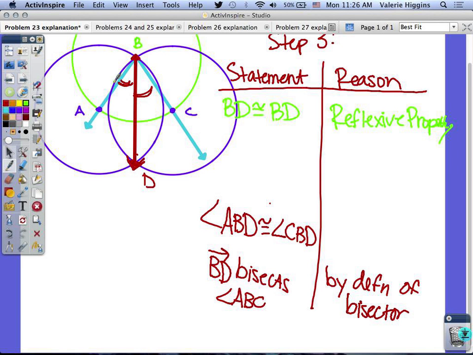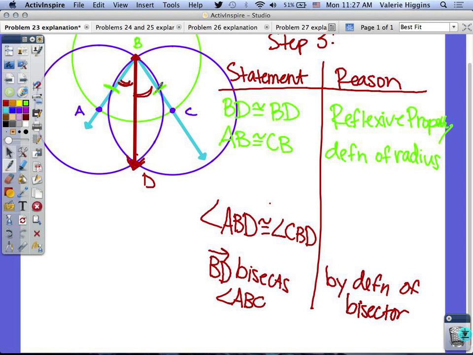AB, this section right here, is congruent to CB. Is that true? Yes. Why? By definition of radius. These are both radii of the same circle, so they are congruent to each other.